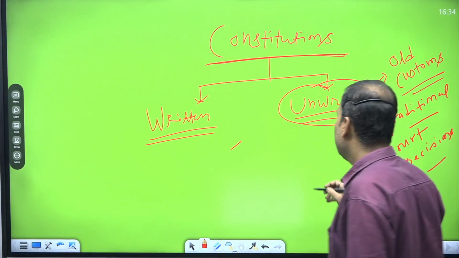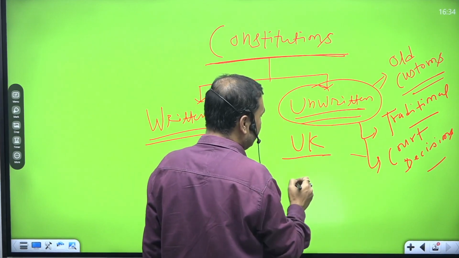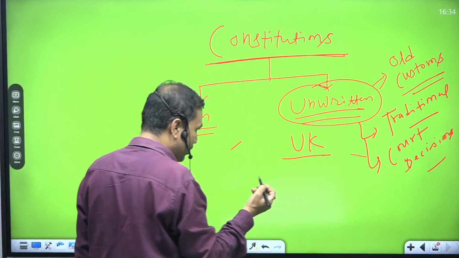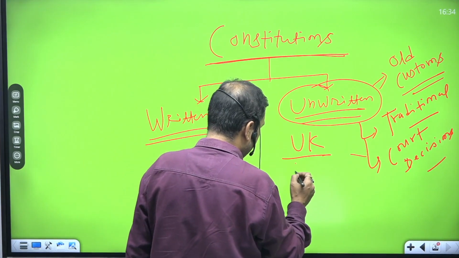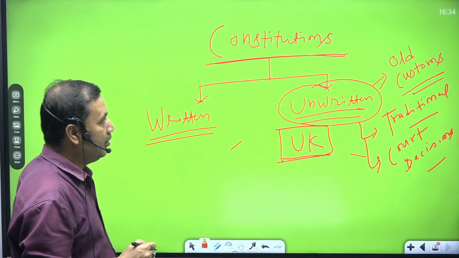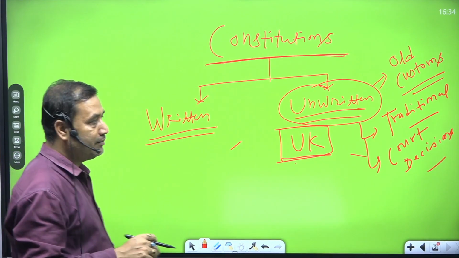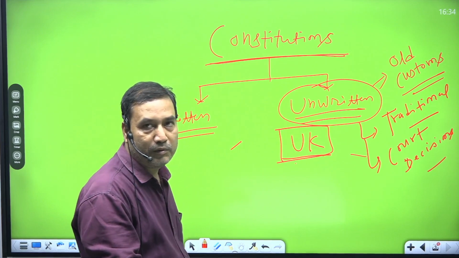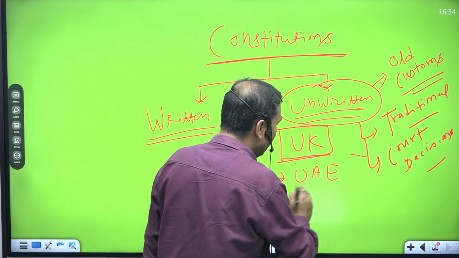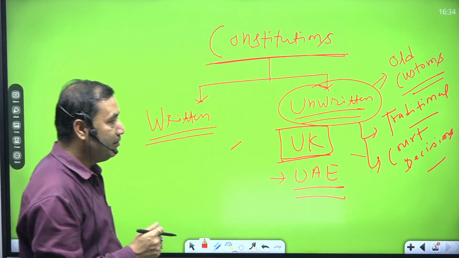For example, the United Kingdom is the most important example of an unwritten constitution. Second, UAE is also an important example of the unwritten.